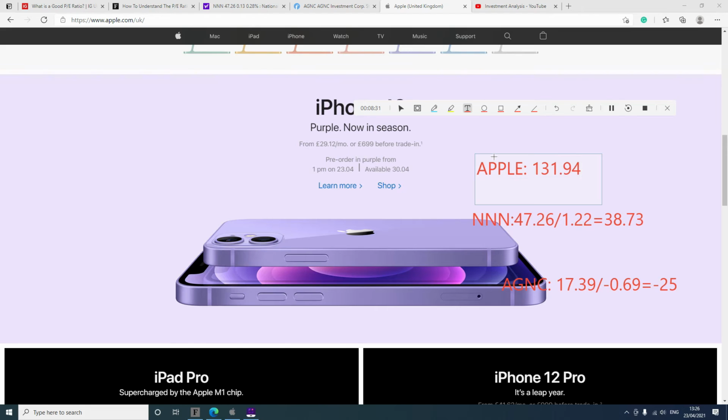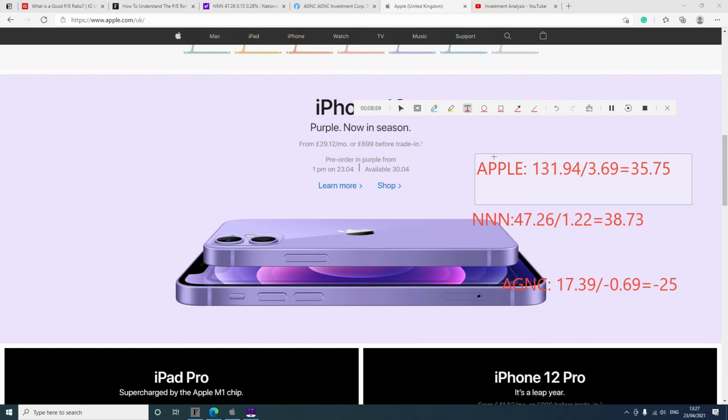So divide that by the earnings per share, which is 3.69. That gives us 35.75. Wow. So presently this is the PE. Okay, you could say it is high.